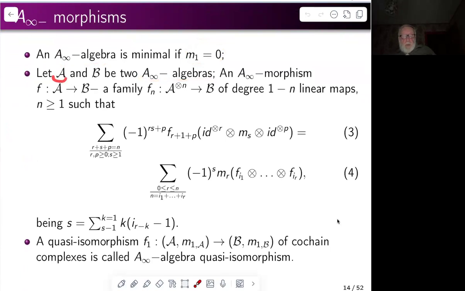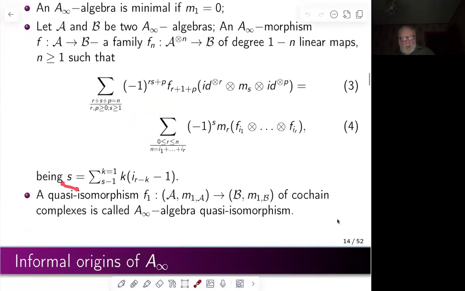If we have A and B, two A infinity algebras, then the morphism is a family of maps from A tensor degree n to B, and each map f sub n has degree 1 minus n, such that this condition is satisfied for this relation of indices.